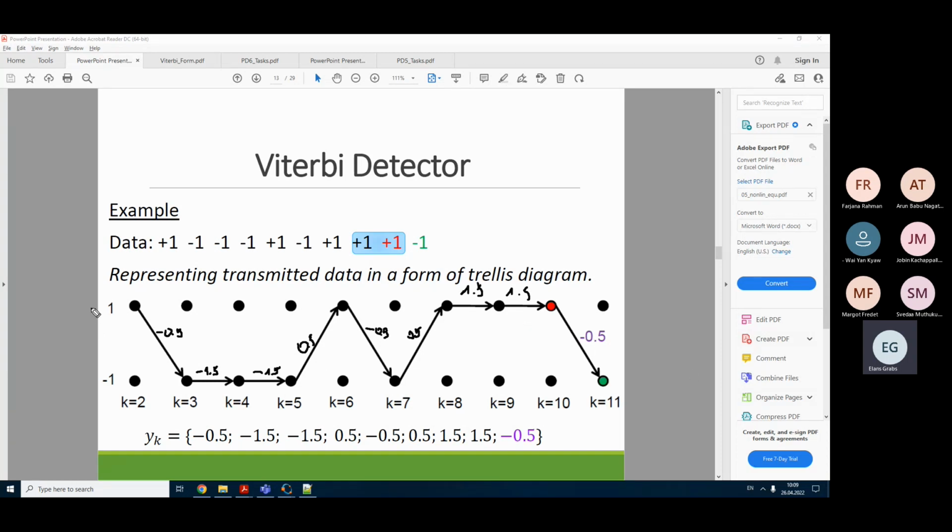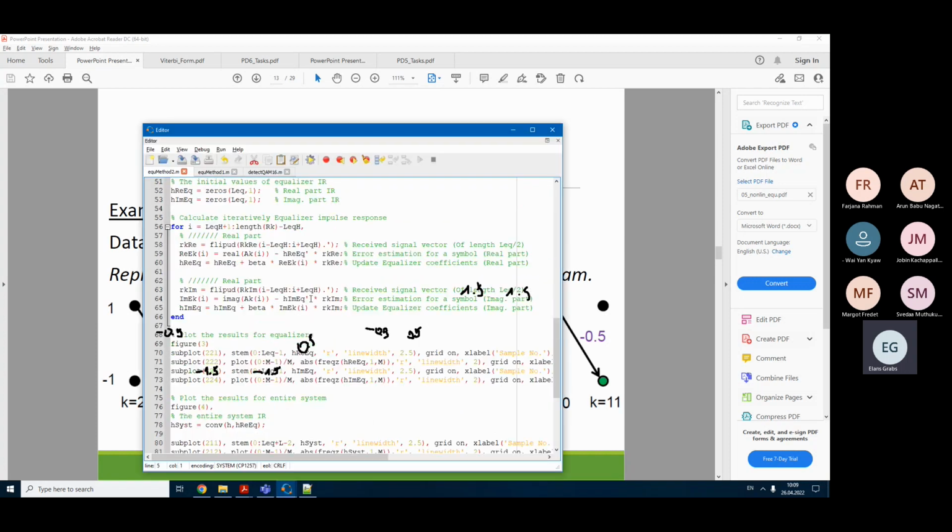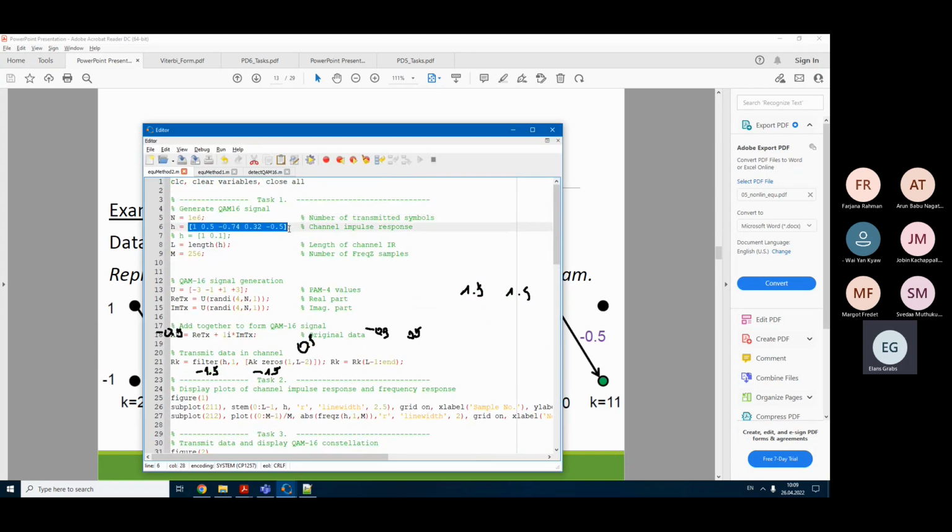But as you imagine, and as you already have seen in practical exercise number 5, for example, for such an impulse response as here, directly trying to demodulate data produces a lot of errors. So we have to use the equalizer.